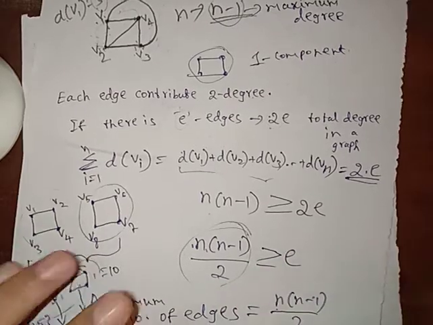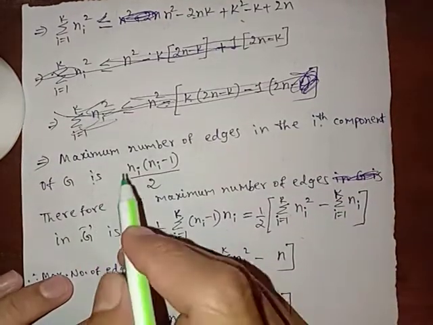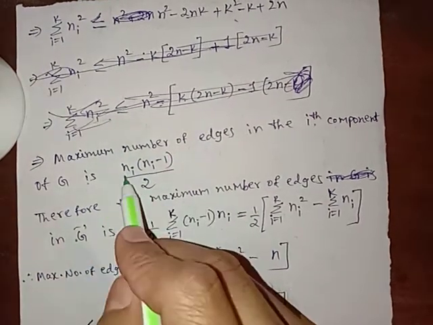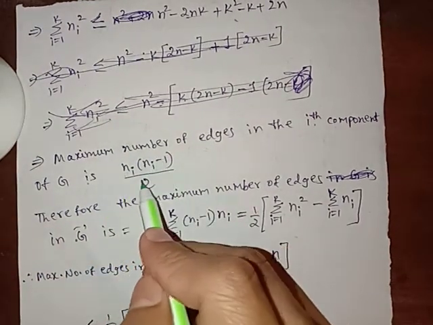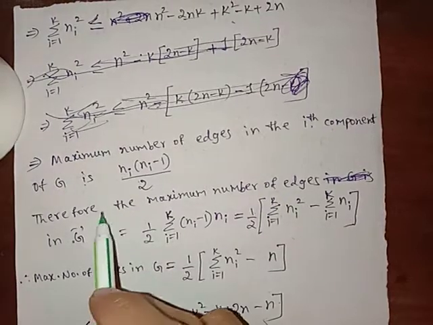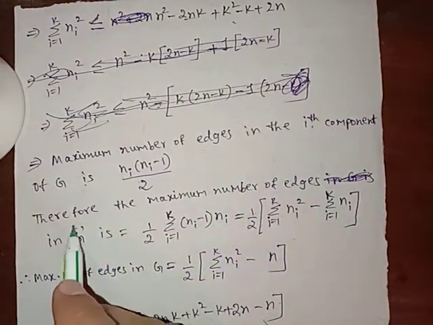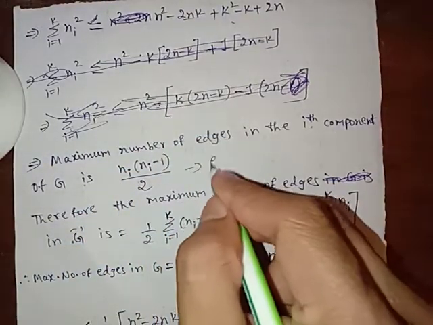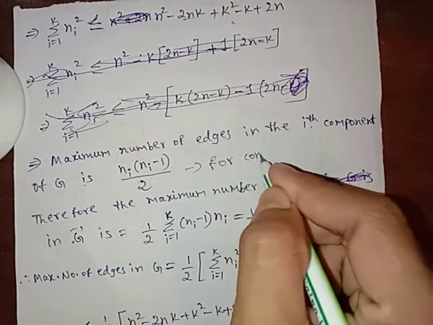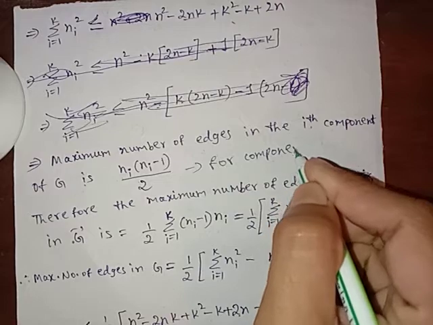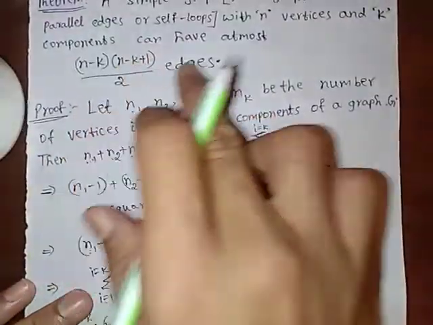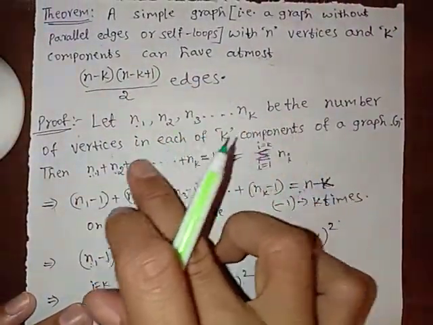Similarly, if there are ni vertices, then the maximum number of edges is ni into ni minus 1 divided by 2. This is for component ni. Now this is for all vertices in G.